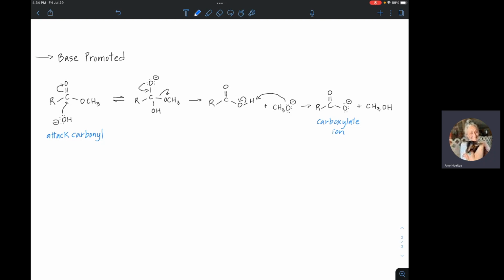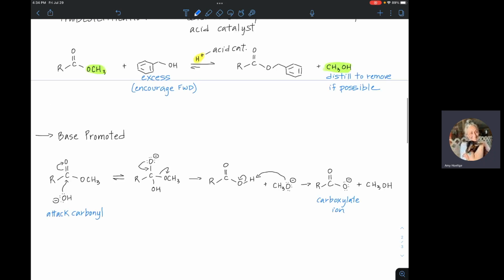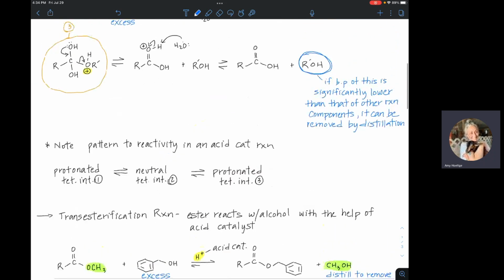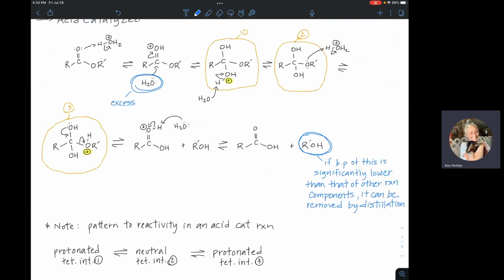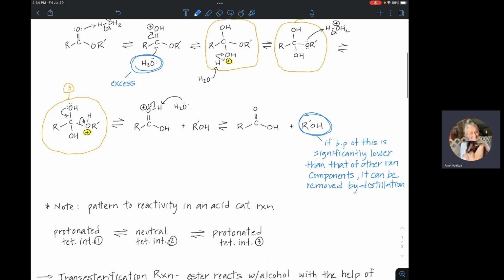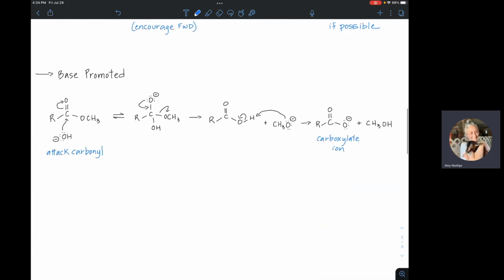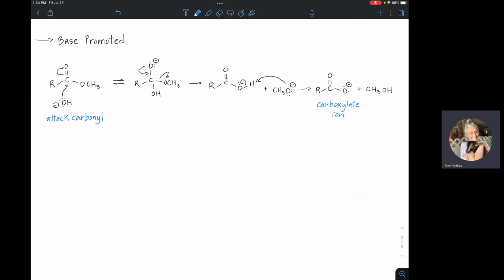Unlike under acidic conditions, this reaction is not reversible. Did you notice that up here, all of these steps are reversible? We have those equilibrium arrows after every single step. In a base promoted reaction of an ester, this reaction is irreversible because the carboxylate ion cannot be approached by a nucleophile.